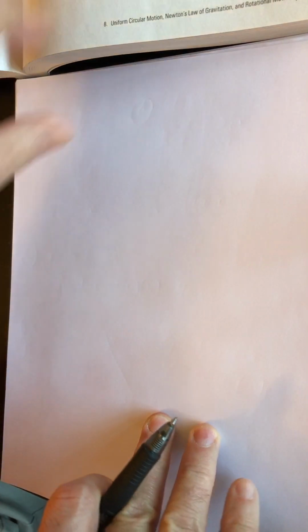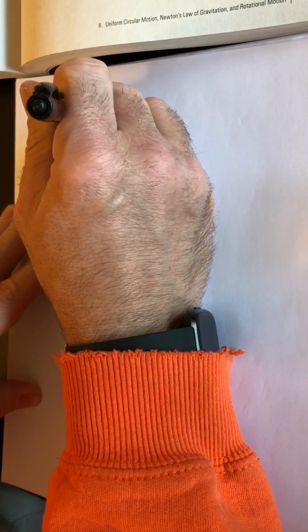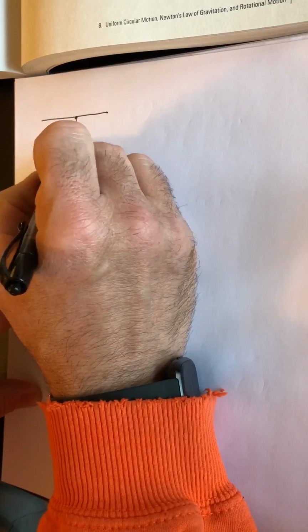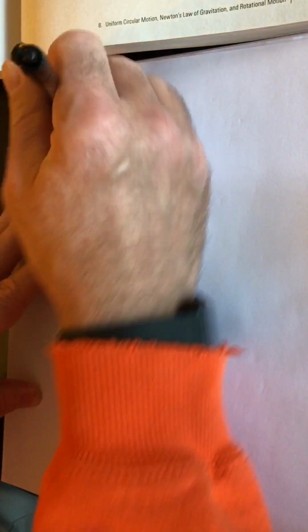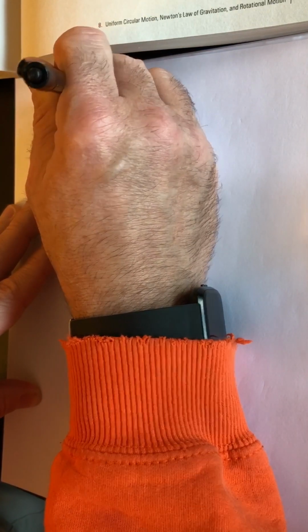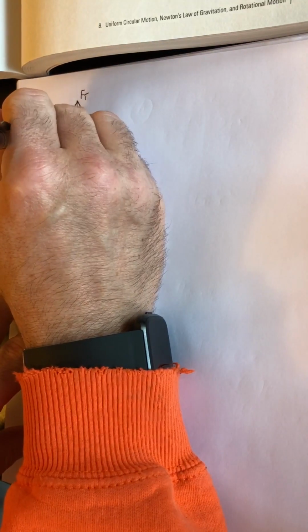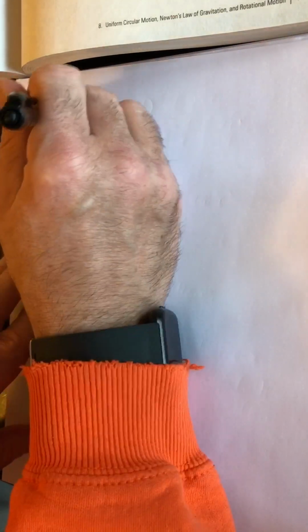So in number 7, we have this meter stick, and they give you the weight of it, so the force of gravity of the meter stick is 10 newtons, and then there's this force of tension right in the middle. Over here we have this force, which is 30 newtons.